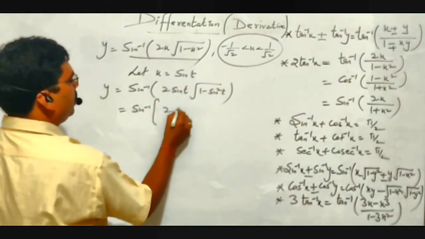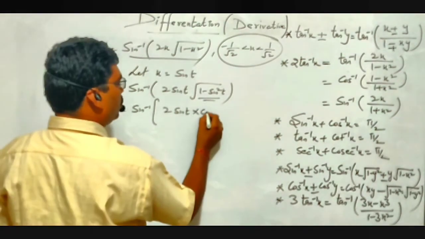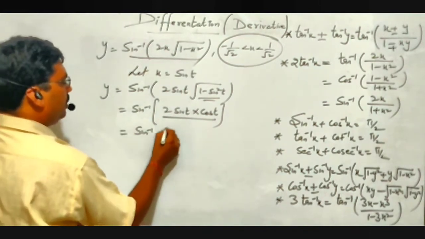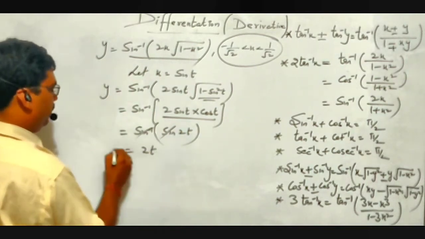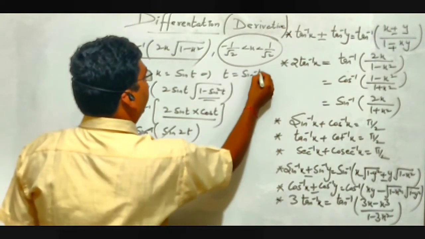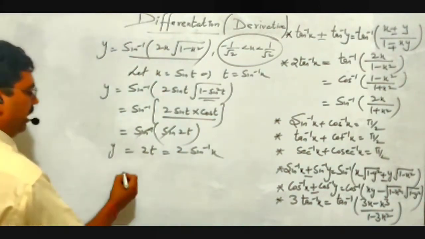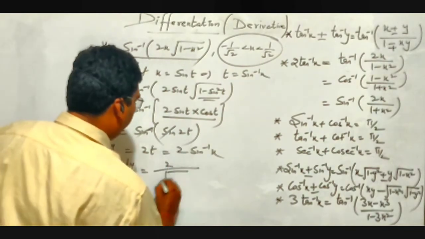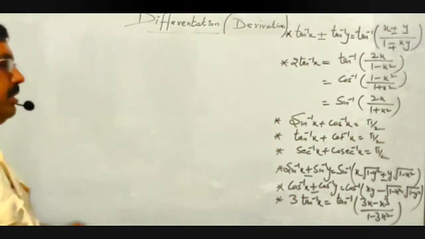Root of 1 minus sin square t becomes cos square t under the root, which means it becomes cos t. So 2 sin t into cos t is sin 2t. The sin inverse and sin cancel, and that equals 2t. What is the value of t? The value of t is sin inverse x. So it becomes 2 sin inverse x. Now the derivative dy by dx equal to 2 by root of 1 minus x square. That is the answer.